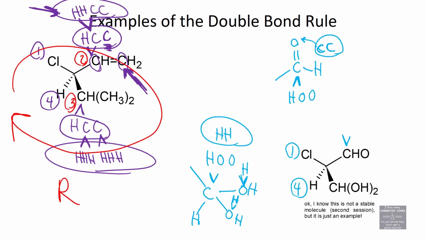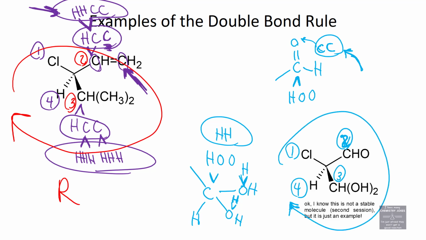So comparing 2 hydrogens and 2 carbons, winner all day up here, higher atomic number. So that makes my CHO, my aldehyde, number 2, my glycol number 3. 1 to 2 to 3. Lowest priority in the back. Clockwise, it's R.